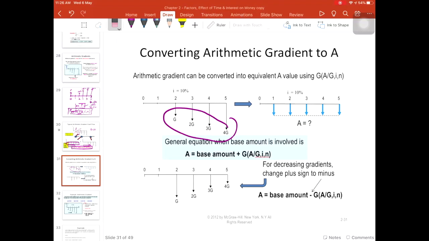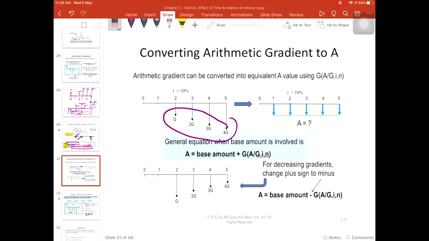But you want to change your payment, okay, type of payment. Sometimes you want to pay every year is same. Okay, from year 1 until year 5, I want to pay same money, same amounts. Okay, because in the gradient, you have to pay different amount of money in every year, correct? So, you have to calculate the A base from year 1 until year 5. So, this the formula you have to calculate.